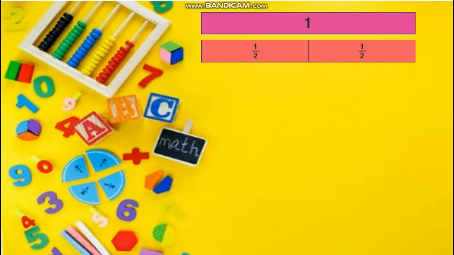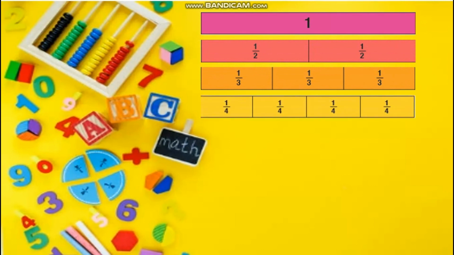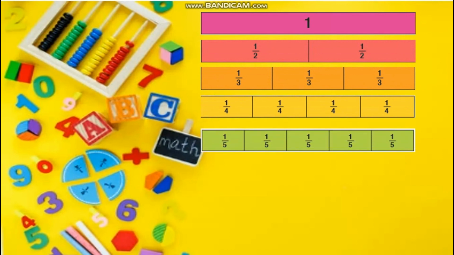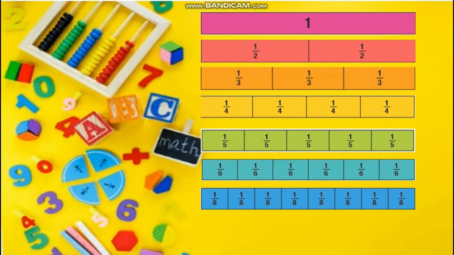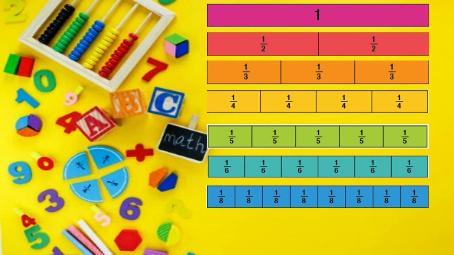Now, if we divide it into 3 equal parts, each part will be 1 by 3, and similarly 1 by 4 for 4 equal parts, 1 by 5 for 5 equal parts, 1 by 6 for 6 equal parts, and for 8 equal parts it is 1 by 8. So in this example you can see that the whole rectangular strip, the length was the same, but we divided it into different equal parts.